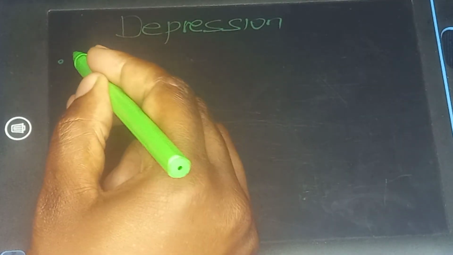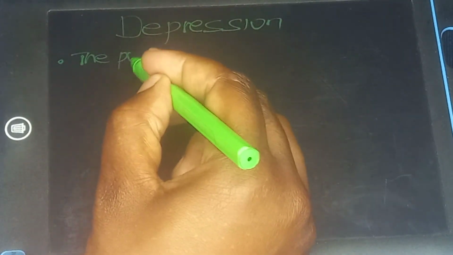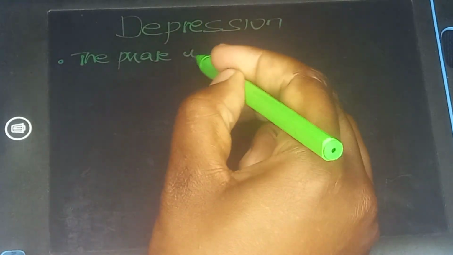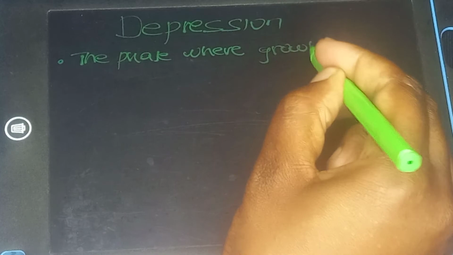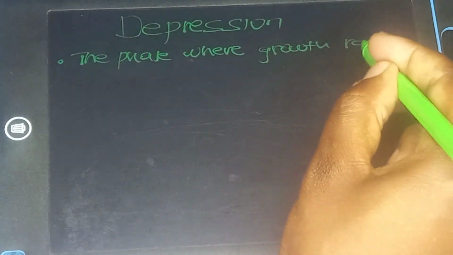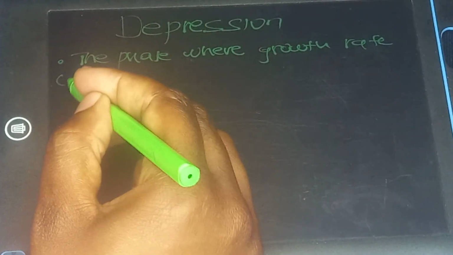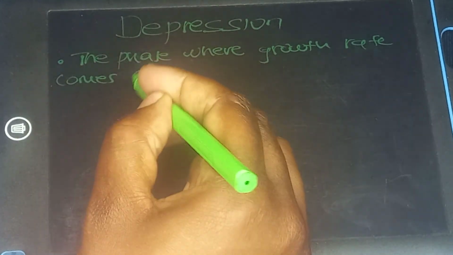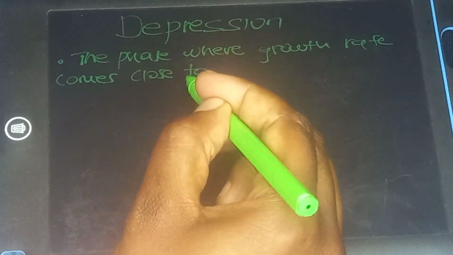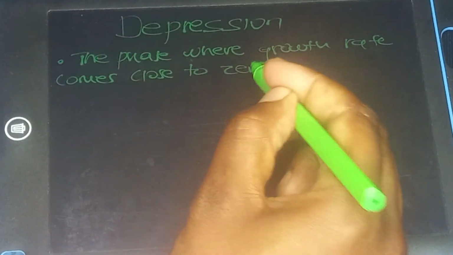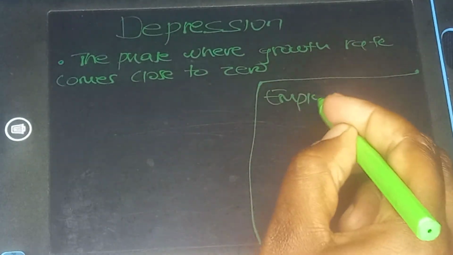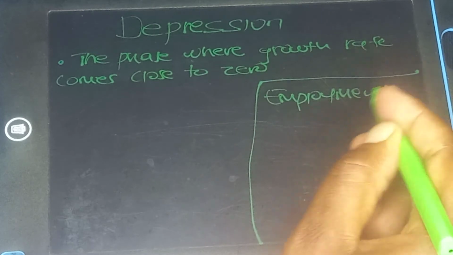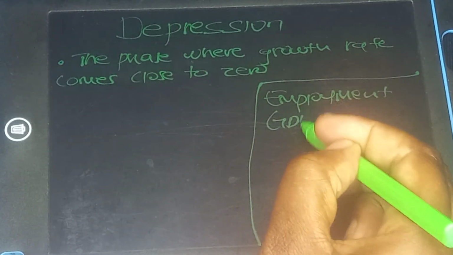Now, the phase where growth rate comes close to 0. Table. Employment, GDP.